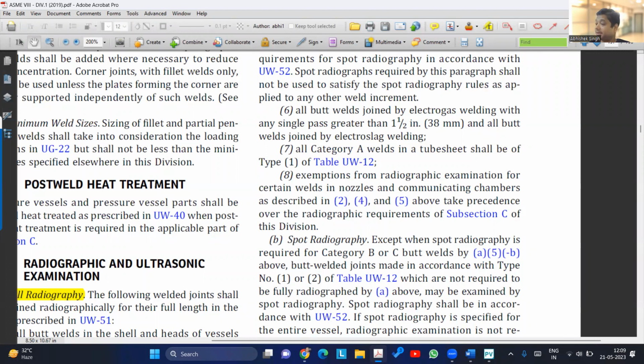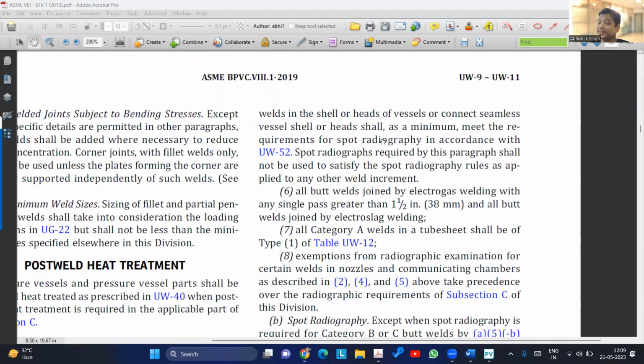Abhishek is asking, sir, then also it will happen for B type 1? I didn't get that. See, for spot radiography, the type is different, the radiography is different.